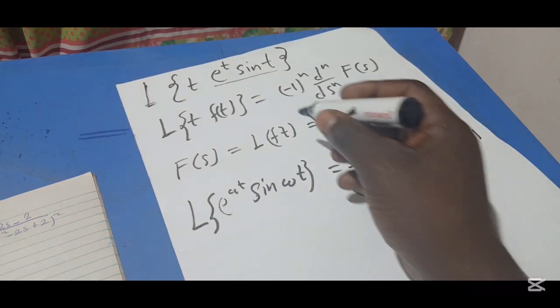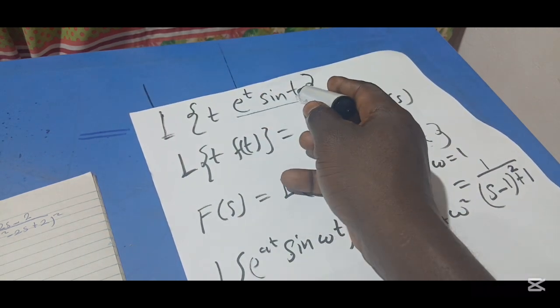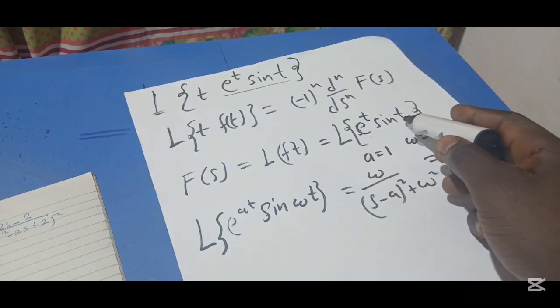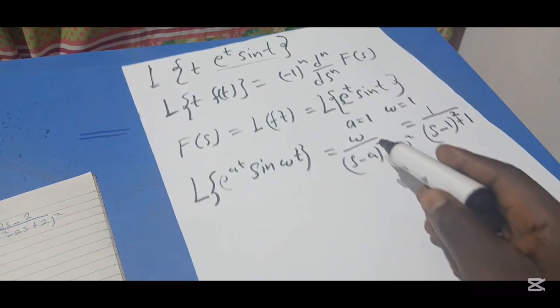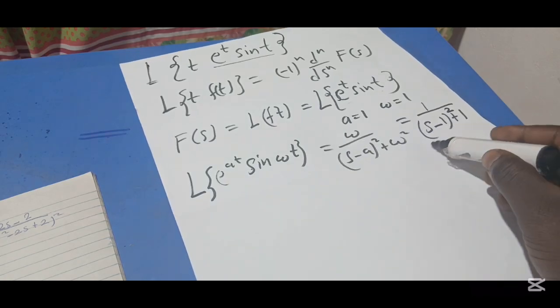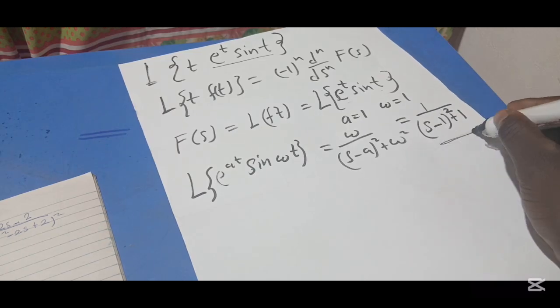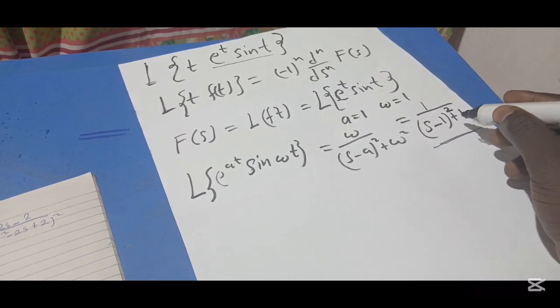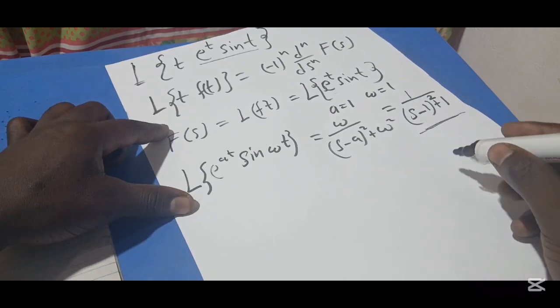So the Laplace transform of our f of t, from this function we found that our f of t is this, and that's it. The Laplace transform for our f of t is our f of s. This is our f of t right here. I recommend simplifying the denominator so that when we are doing the differentiation it will be easy.